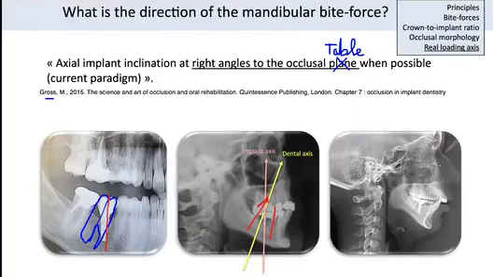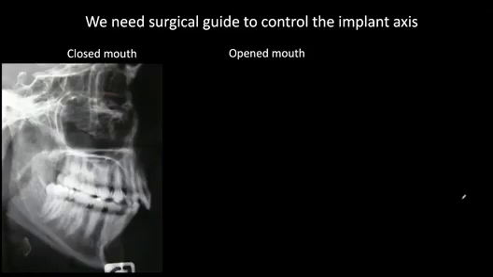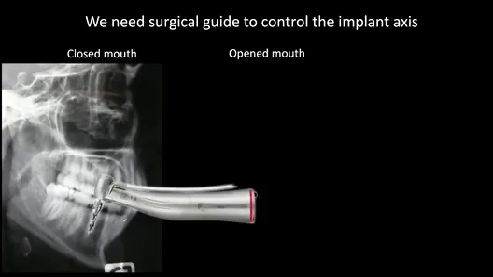Sometimes you can see an implant like this, in this direction, simply because there is an error during the clinical phase. Imagine here the patient, you have to put an implant here, and you have to put the implant in the direction of the previous natural tooth. It's a good idea.